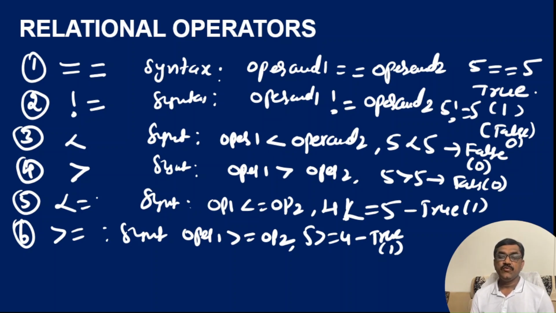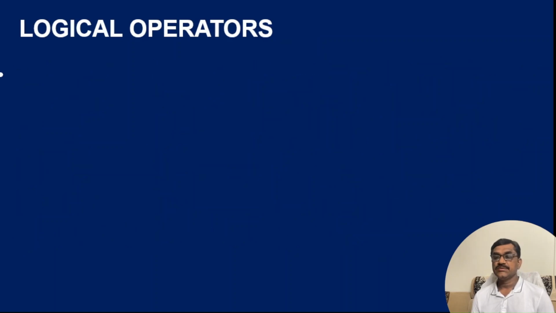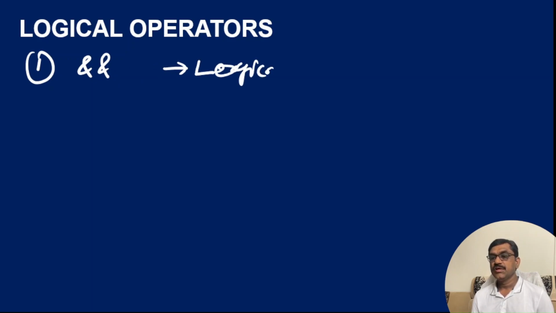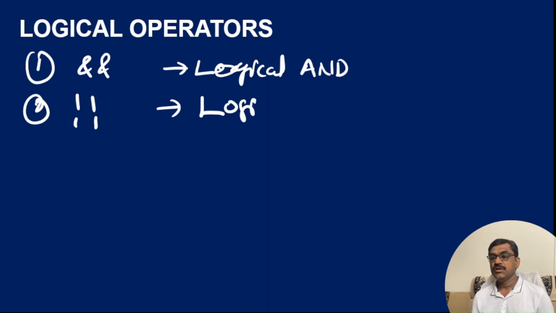After this, we move on to the next type of operators known as logical operators. How many logical operators are there in C? There are three types of logical operators. The first one, we write as double ampersand. It is read as logical AND. The second operator is OR, read as logical OR, and the third one is NOT.